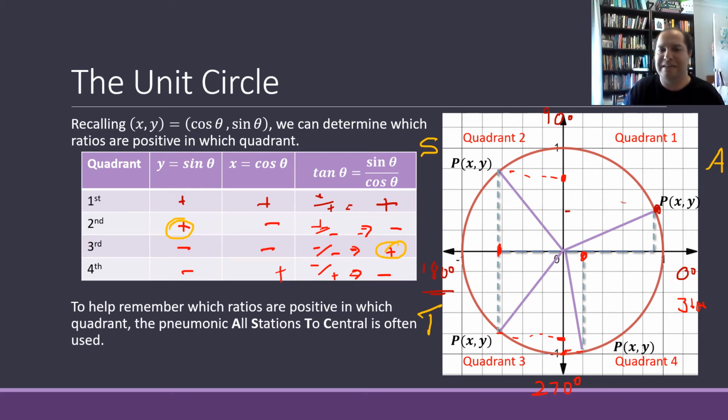So the others are negative. So all stations to. And in the fourth quadrant, only cos is positive. And so it's all positive in the first, only sine in the second, tan in the third, cos in the fourth. All stations to central is the mnemonic that's used to help us remember which ratios are positive where.